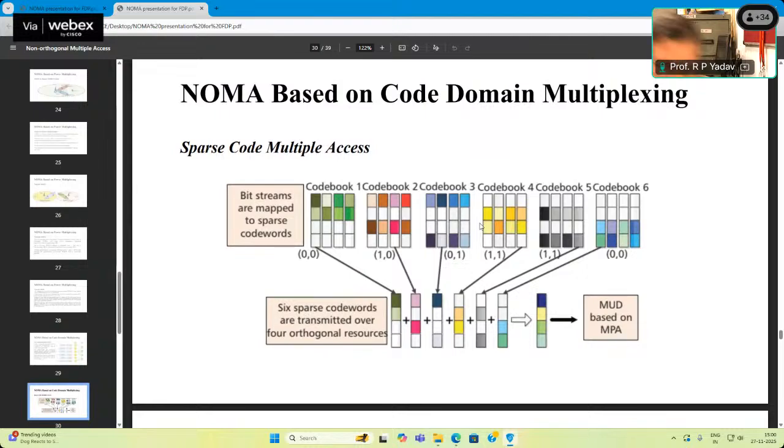And the number of code books that we can design depends upon our design ingenuity. Each user's sparse code word will be transmitted across these 4 orthogonal resources, and they are handled by MUD based on this particular code technique.